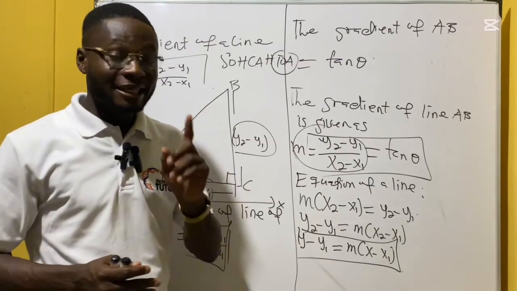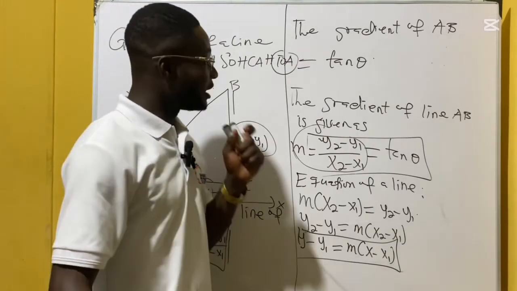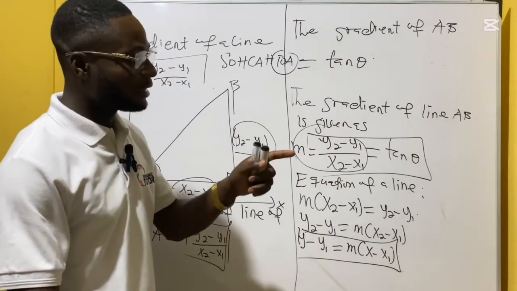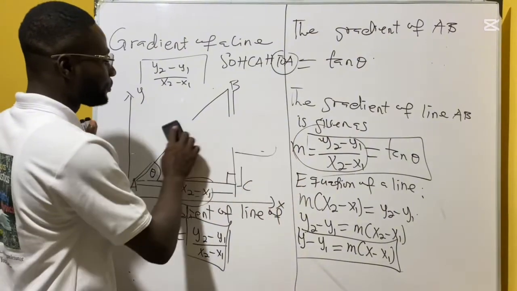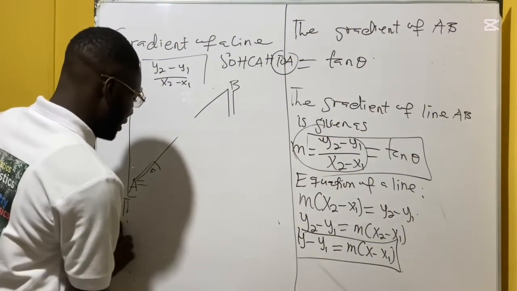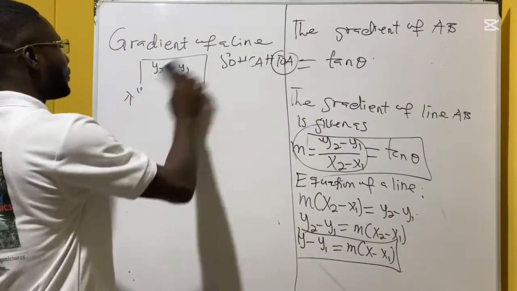So now let's take an example of gradient, how to find a gradient and how to find the equation of a line. Let's consider this example here.